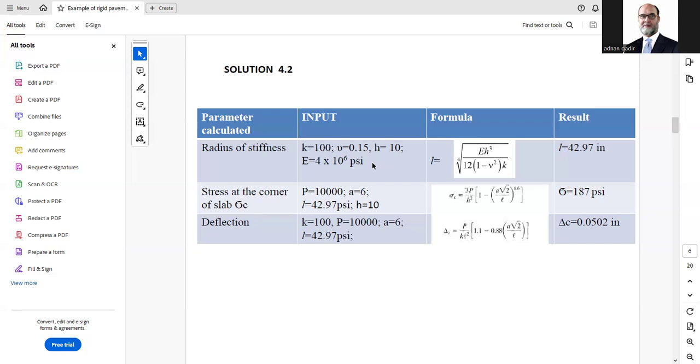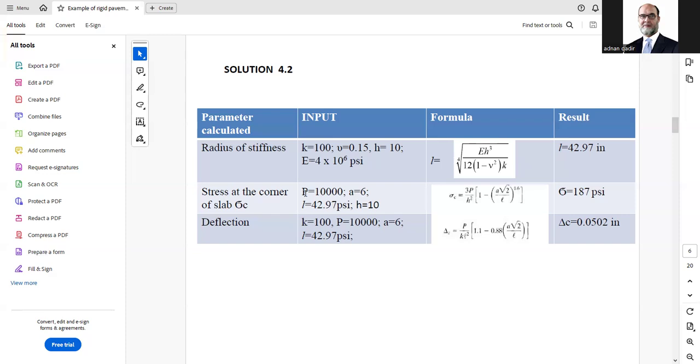So when we apply this formula, remember this is the fourth power rule, or in other words, whatever is the value inside, we have to take 1/4 of that. And that's why we have got the relative stiffness, the unit is inches, as 42.97.